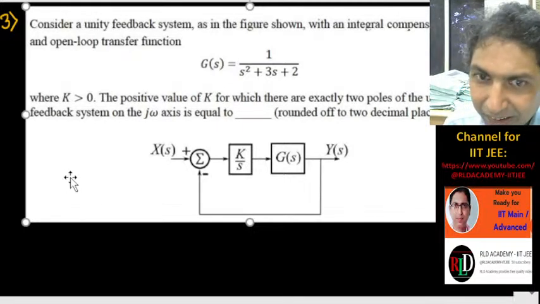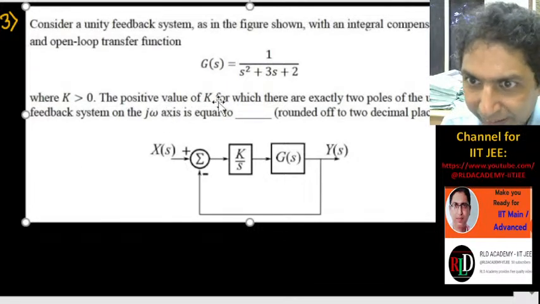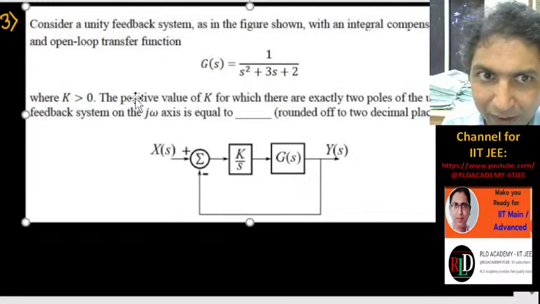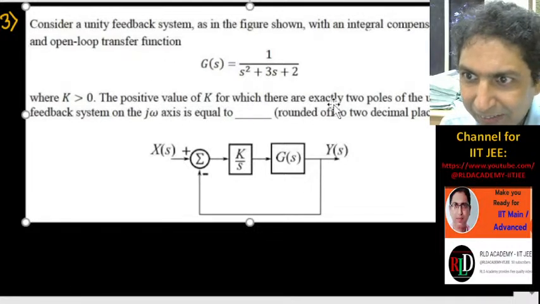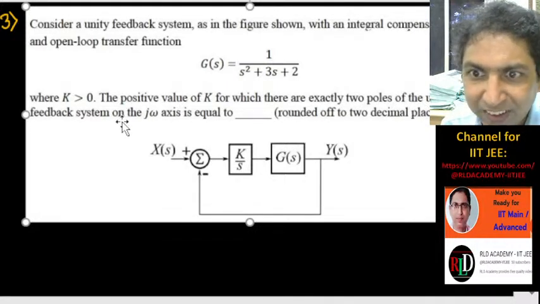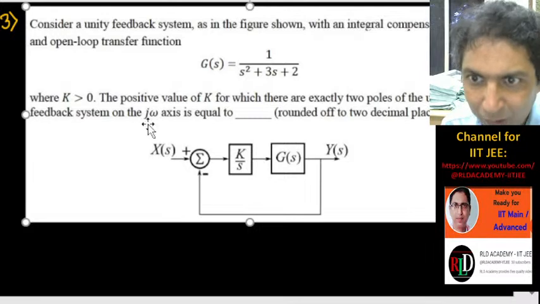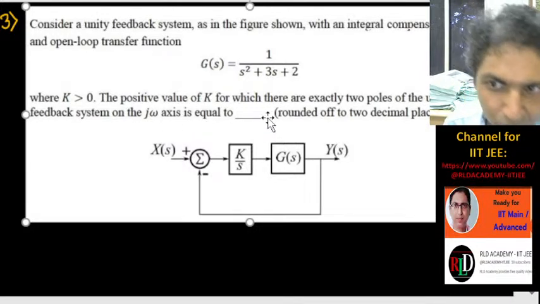It is said that for positive k, we need to find the k for which there are exactly two poles of the unity feedback system on the imaginary axis, the j omega axis.